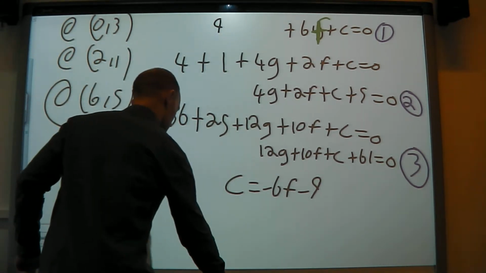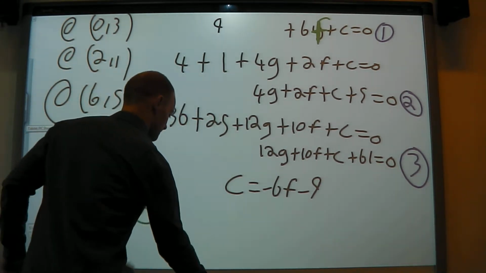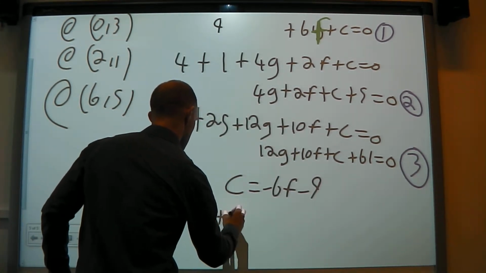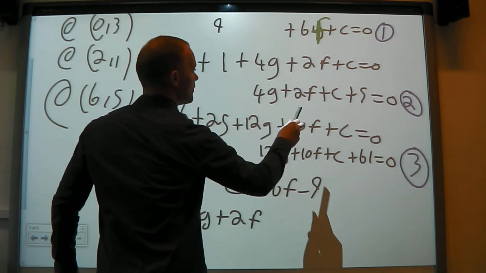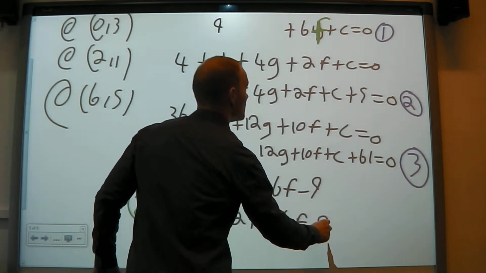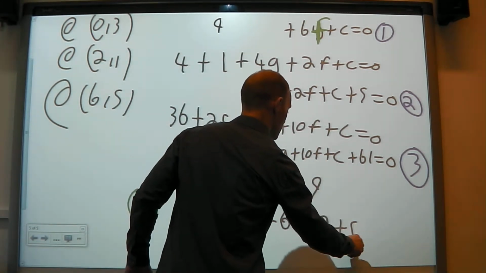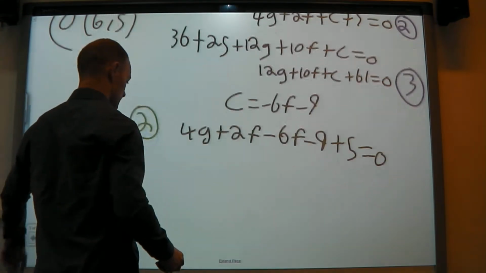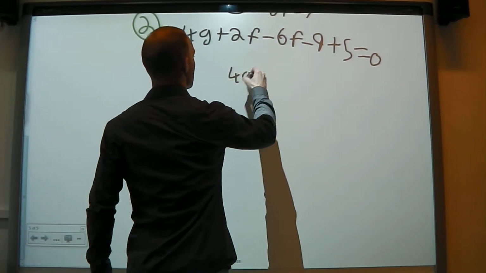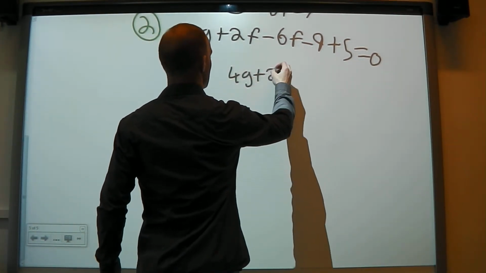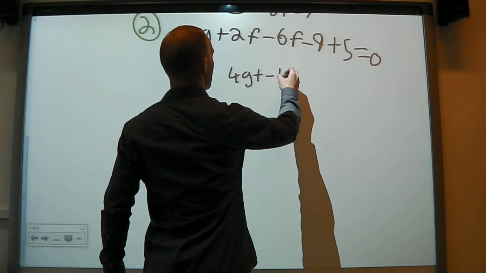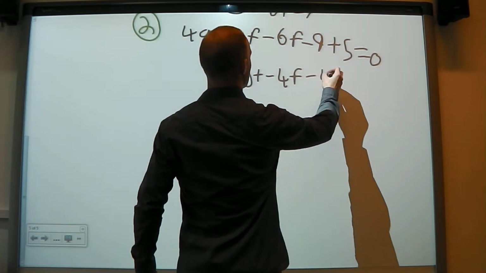So then, at equation number 2, we have 4g plus 2f plus c, which is minus 6f minus 9, plus 5 is equal to 0. Now we'll just rearrange that: 4g subtract 4f, and subtract 4 is equal to 0.